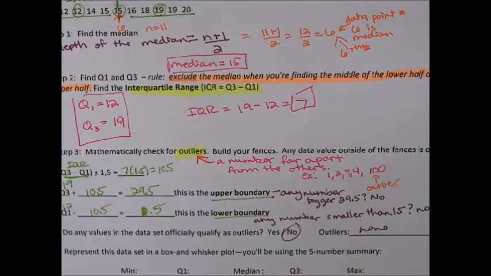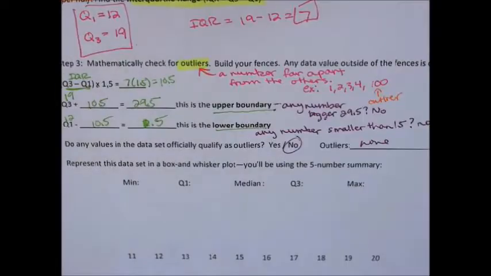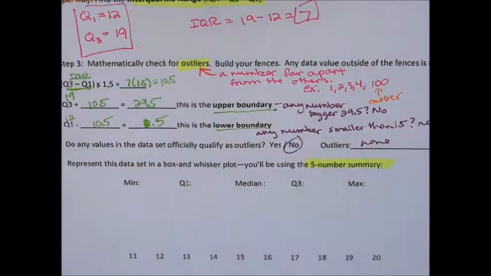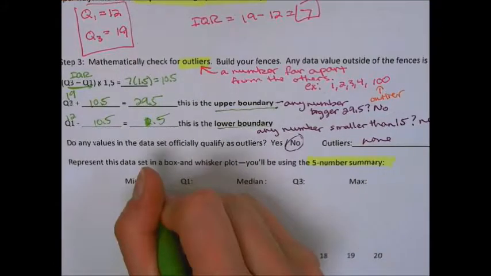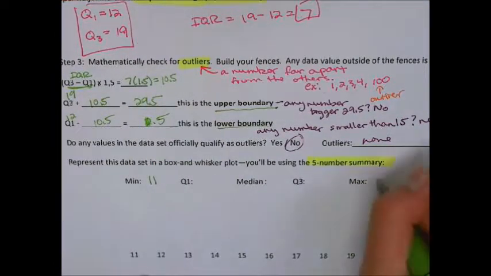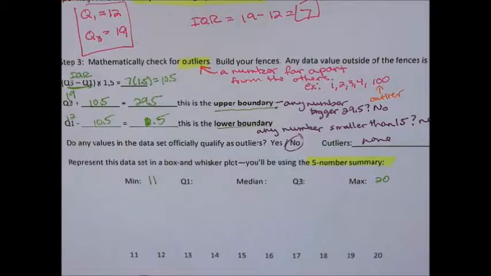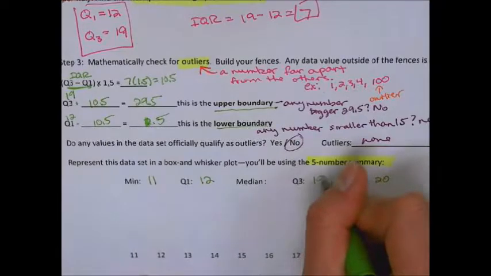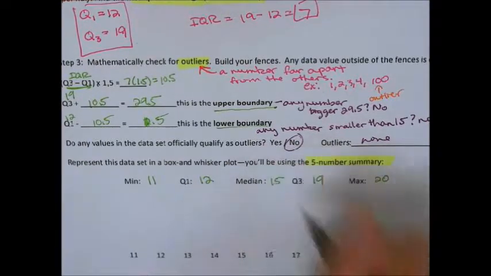Okay, so let's go ahead and write our 5-number summary. Our minimum is our smallest, that's 11. Our maximum is our biggest, 20. Our Q1 is 12, Q3 19, and median is 15.